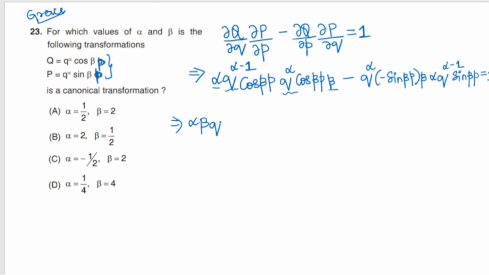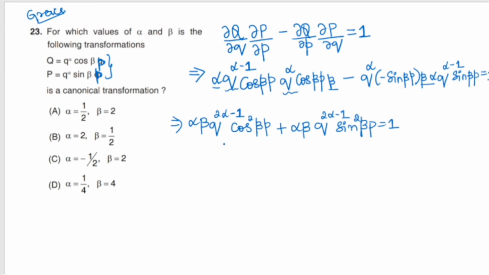It will be q to the power of 2 alpha minus 1, and cos of beta p times cos of beta p will be cos square beta p, right? Minus of, the same thing happens here, alpha and beta remaining, keep it on one side. And what is remaining? q to the power of 2 alpha minus 1, and minus of minus will be plus, so it will be plus sine square beta p, equal to 1.